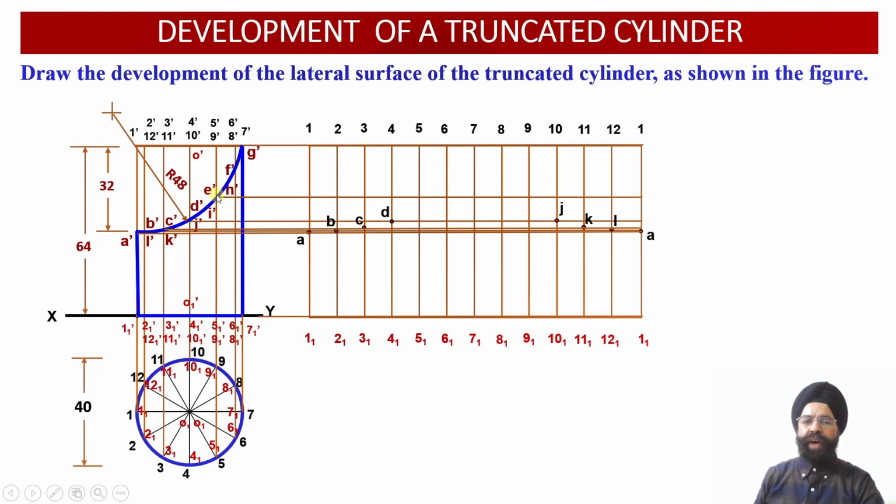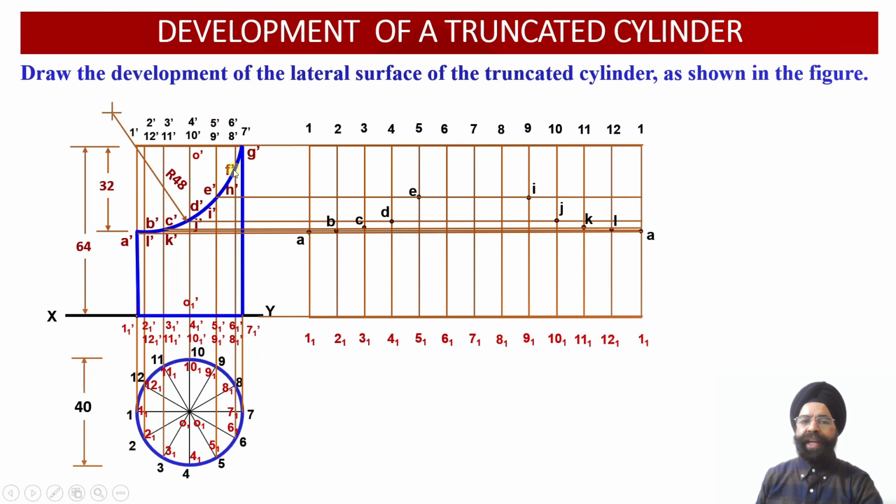So once we draw a horizontal projector line through these 2 points E dash and I dash from the elevation projection view into the developed surface view, the point of intersection of this horizontal projector with vertical generators 5 5 1 and 9 9 1 gives the 2 points E and I, which have been obtained in the development of the lateral surface view over here.